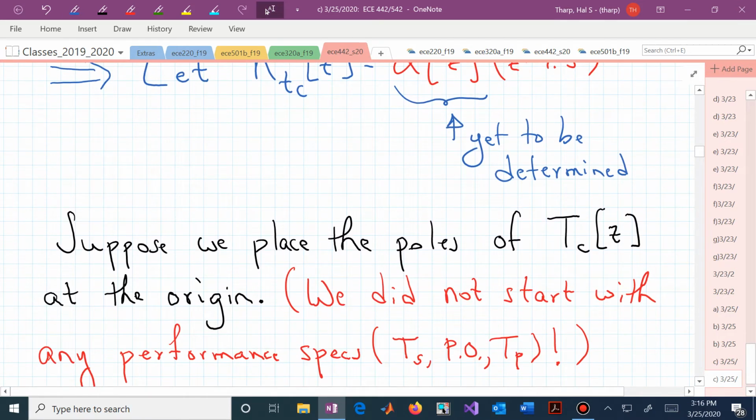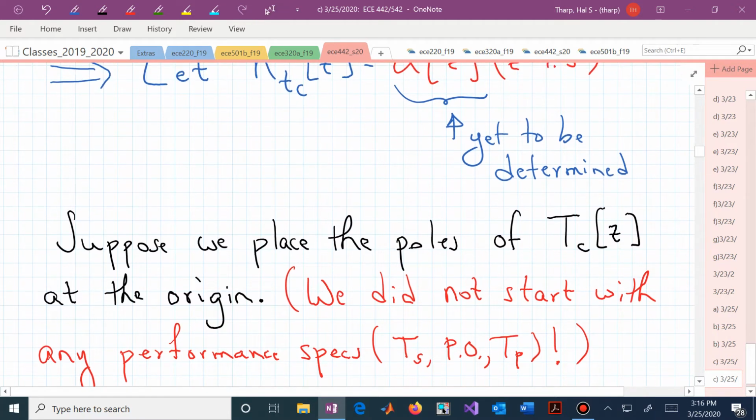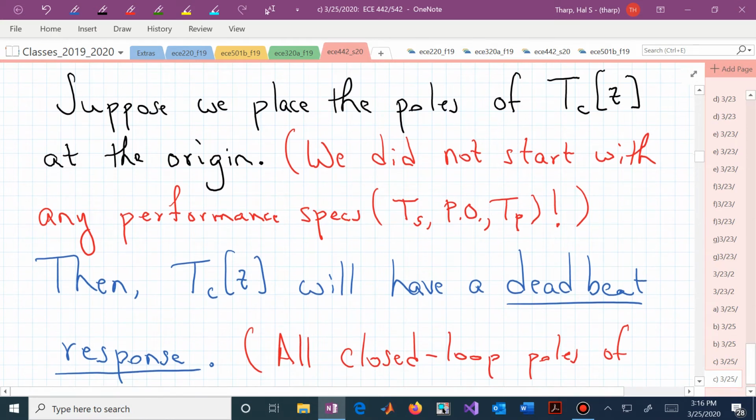Now, since we were not given any performance specifications or design specs, no settling time, no percent overshoot, no peak time, suppose we just place the poles of T sub C of Z at the origin. That's an okay location in the z-plane, and in fact, that's referred to by the phrase deadbeat response.